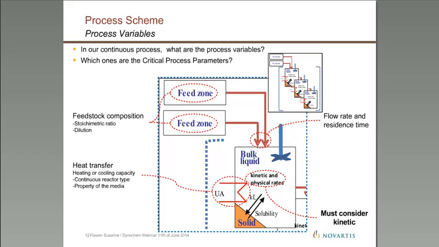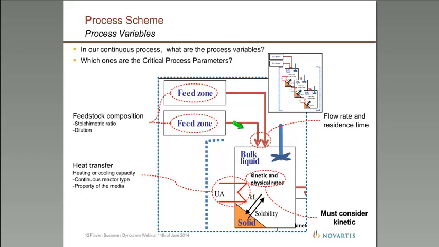We can have, during the preparation, different dilution or different stoichiometry. We can have as well different feed time or different feed rate, which will affect the stoichiometry and the material balance within the reactor.